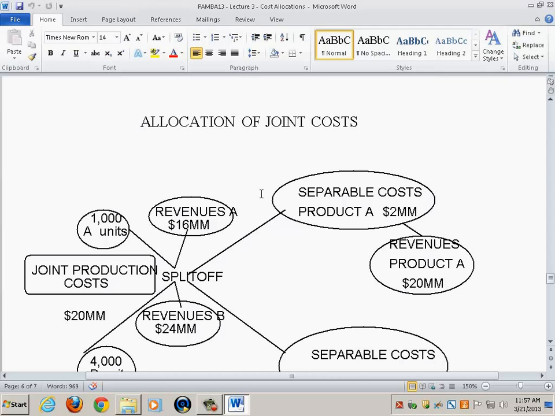Same thing, another example: you raise cattle, you raise cows for the production of milk, beef, and hide. So in many countries, you raise cows and you milk them, and then you slaughter them for the beef and the hide.